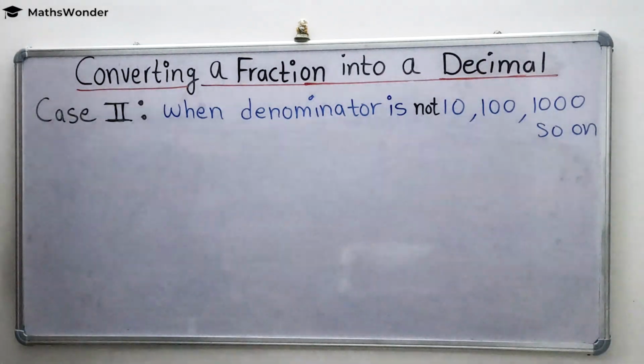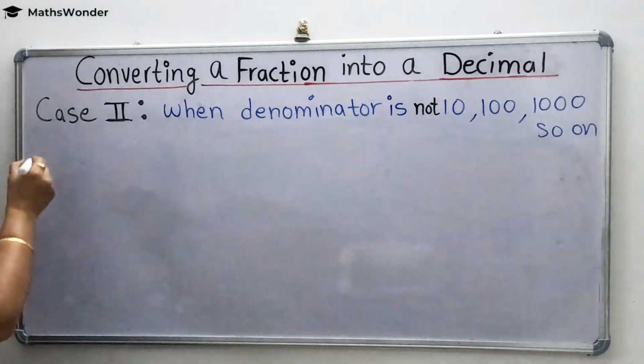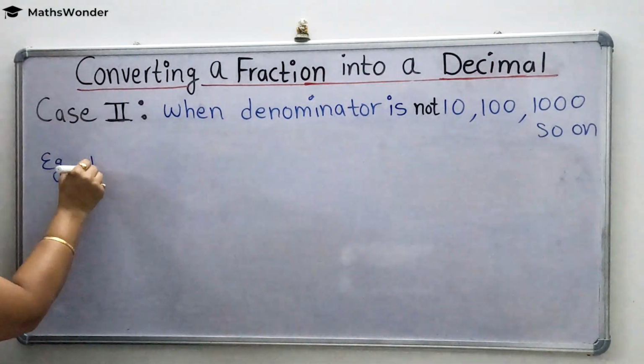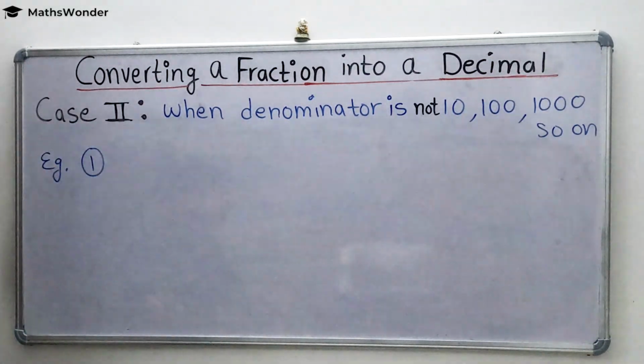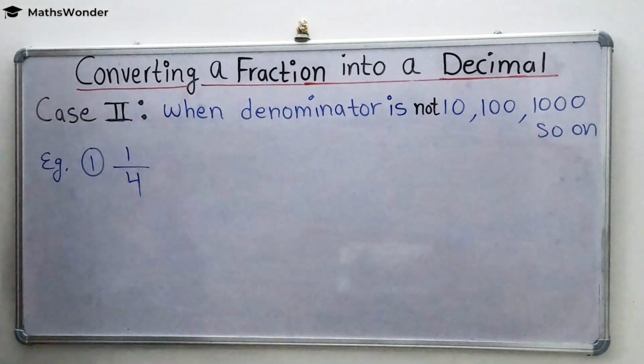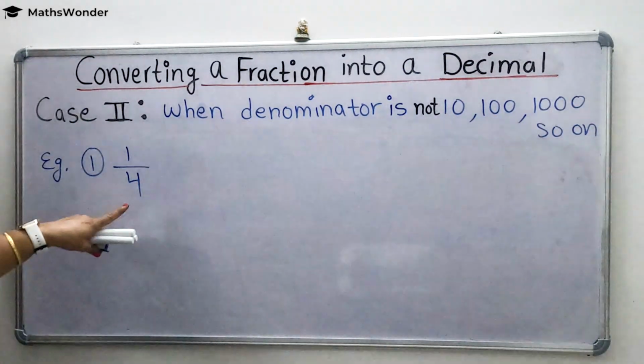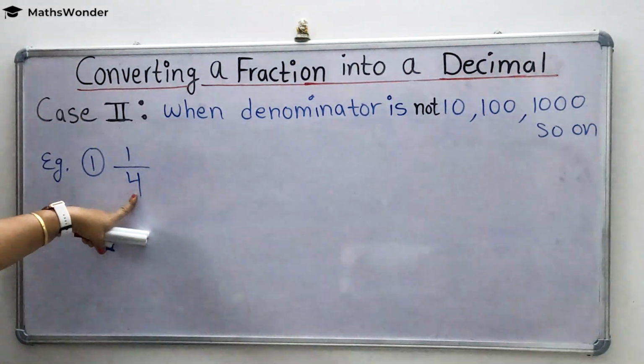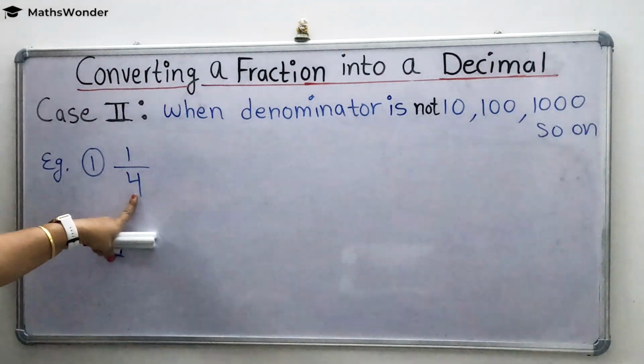So the second case is when the denominator is not 10, 100, 1000. Then how will you convert fractions into decimals? Let's see the question and try to understand with an example. Suppose your question is 1 over 4. In 1 over 4, in the denominator, you can see there is no 10, no 100, no 1000.